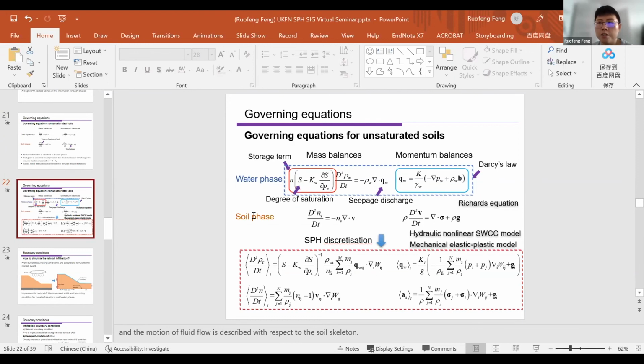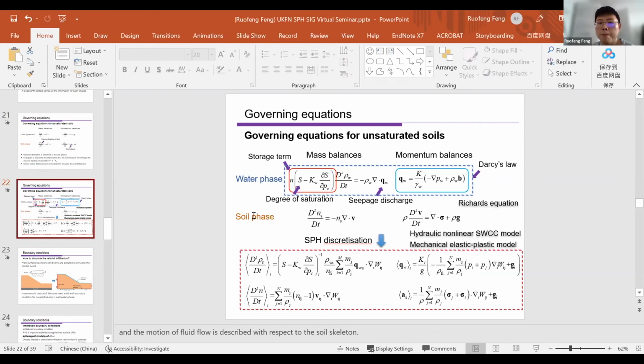So the idea is that we do not use one set of particles for the water phase and one set of particles for the soil phase. We are more interested in the soil behavior, soil movement. So we do not solve the water outside the soil. We just consider the movement of soil.